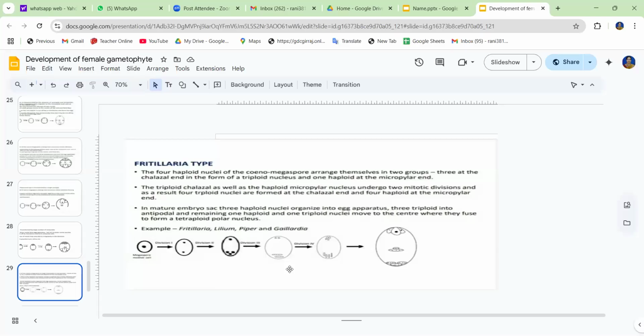The stages of development of the embryo sac in lilium and fritillaria were fully understood after investigations.